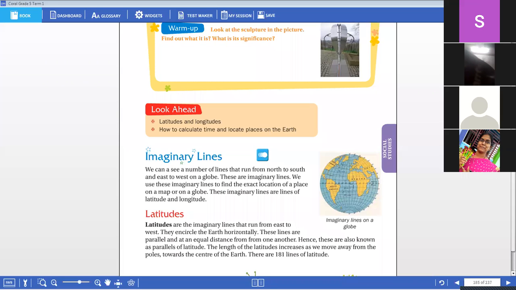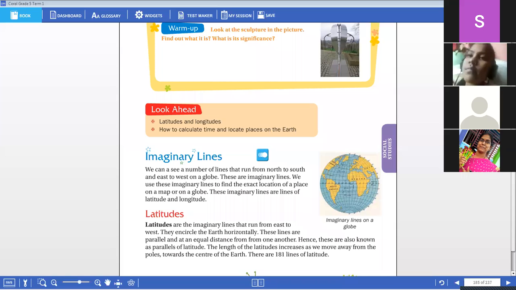For knowing a specific area or location, we use all these imaginary lines. With the help of imaginary lines only, we find the places on a map or a globe. These imaginary lines are lines of latitudes and longitudes. All the lines together are called imaginary lines, children.